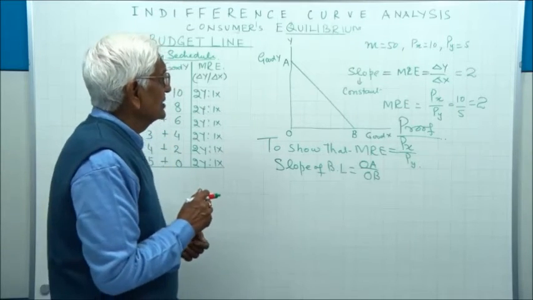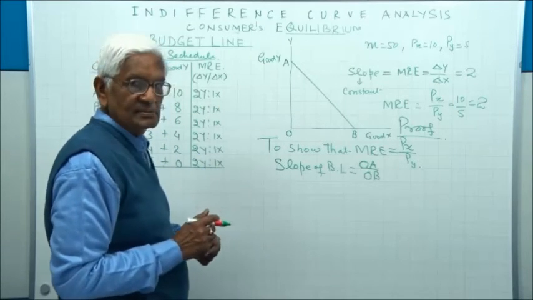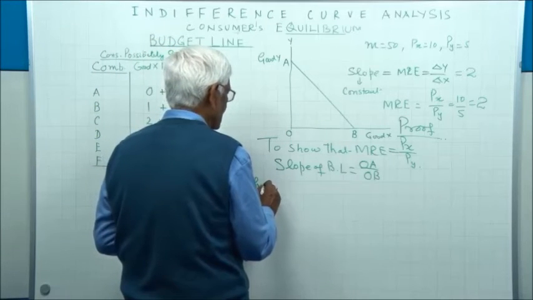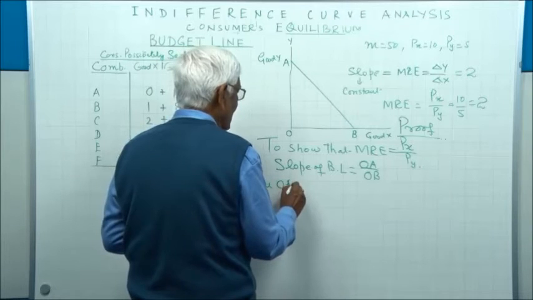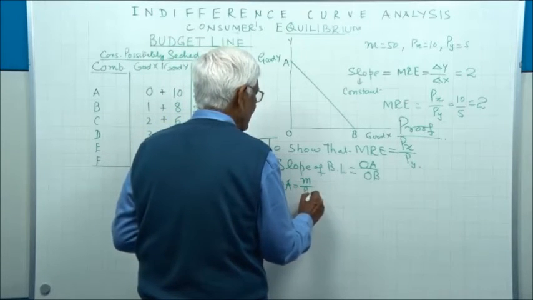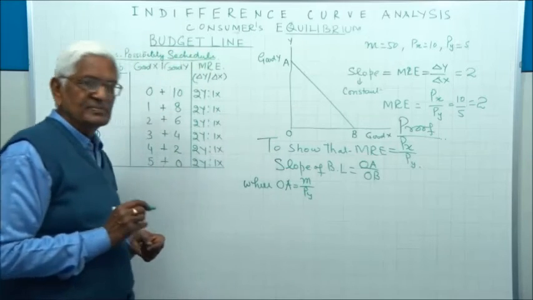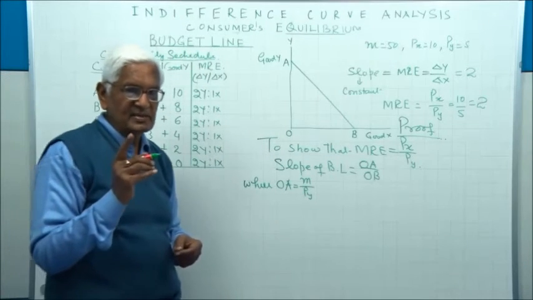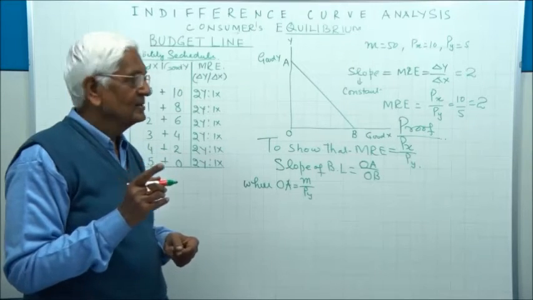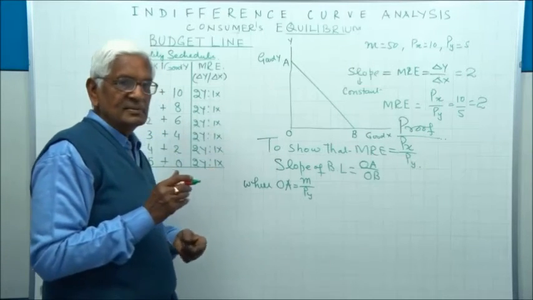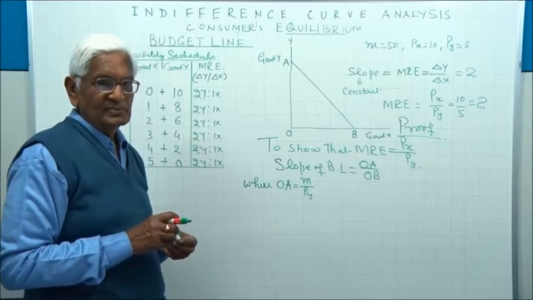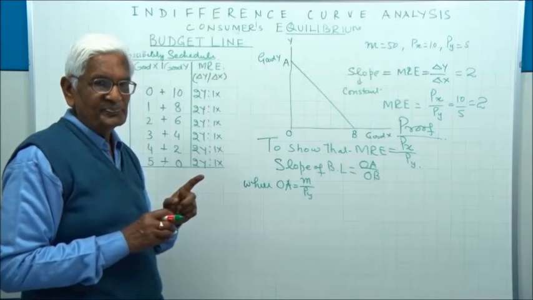Now, what is OA? We can say OA is equal to M upon PY. Is it understandable or not? What is OA? The maximum of Y you can buy from your given income.